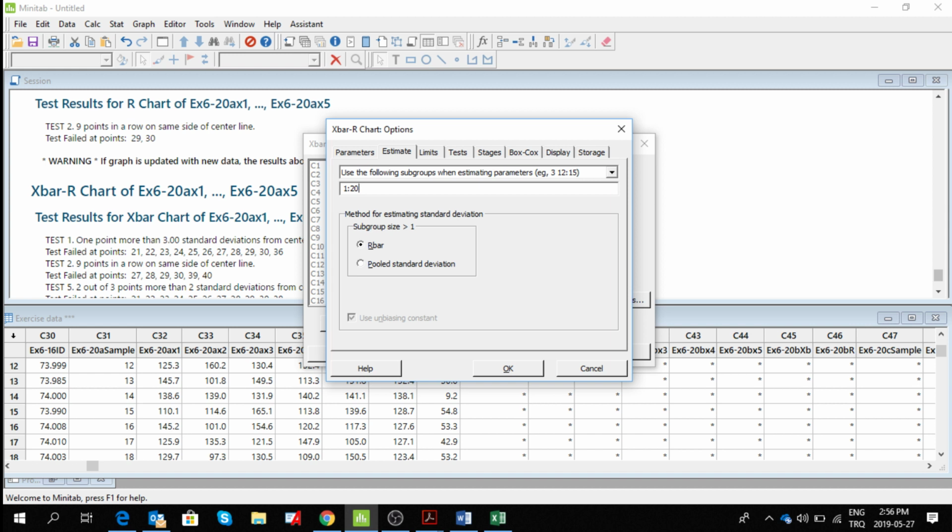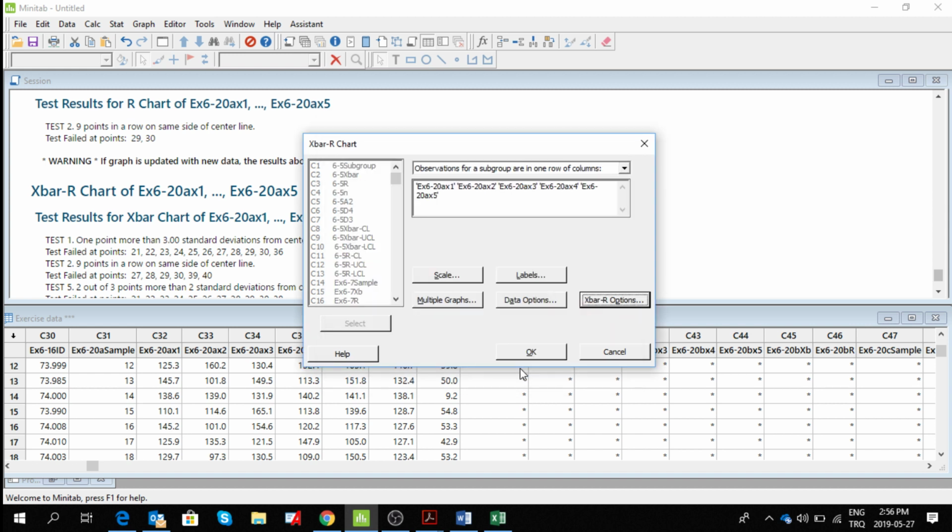Okay, I'm going to write it like that because in the first 20 of those my control limits, I didn't have any problems, so I want to keep them as my upper and lower control limits. So that's why I write 1 to 20. I include those, although I have 30 samples in here. Click OK.